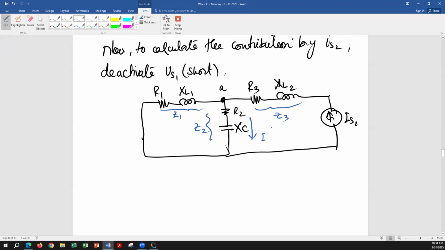We call this current I2 prime, so I'm going to call this current I2 double prime because of source IS2.